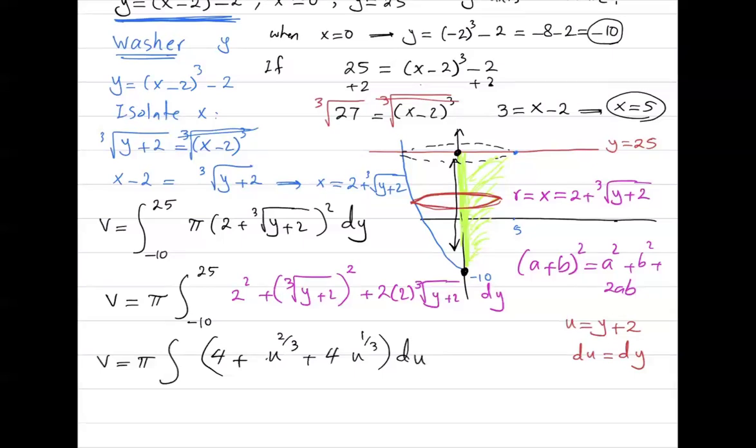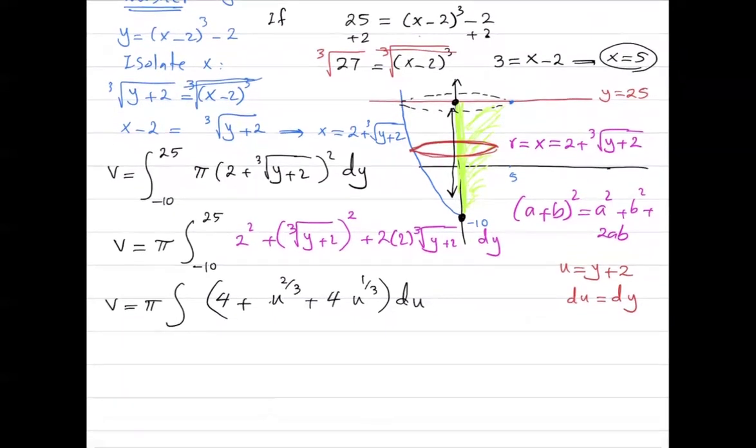Perfect. So the volume is pi times 4u, but u is y plus 2.